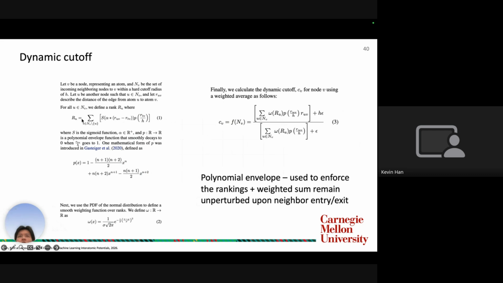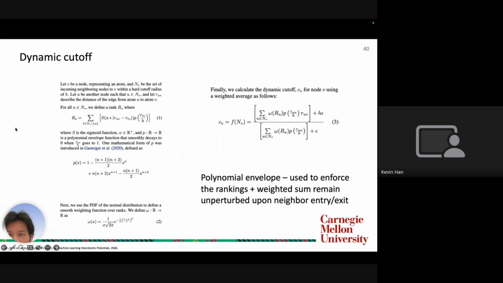The first thing we do is, if we were to consider some center node V, we denote NV as the set of neighbors to V. And now we consider these nodes U. What we're doing here is we want to calculate the rank of U with respect to all of the other neighbors of V, right? So for every neighbor of V, we want to calculate a smooth rank of them.